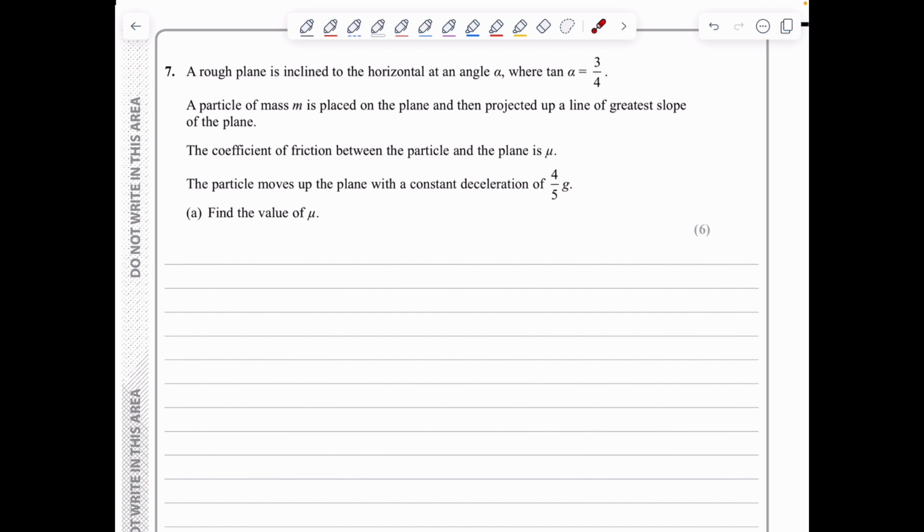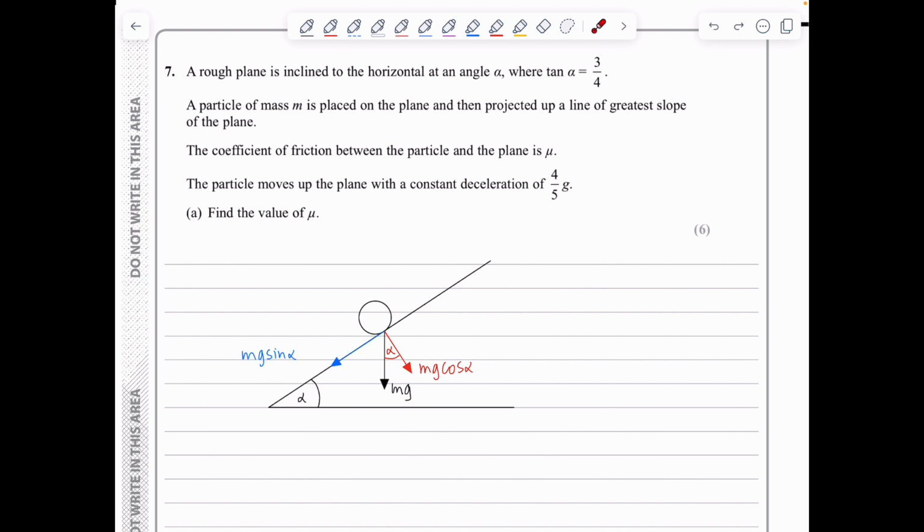We certainly need a diagram here to see exactly what's happening. So this is the particle on the plane, the angle is alpha, the weight is mg. I will be resolving the weight, so the component perpendicular to the plane is mg cos alpha, and the component of the weight acting down the plane is mg sine alpha.